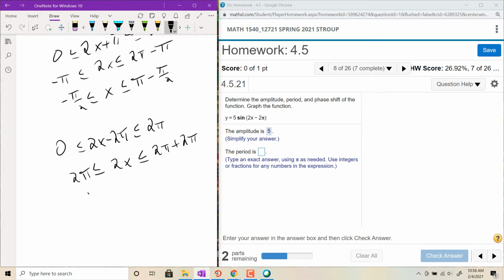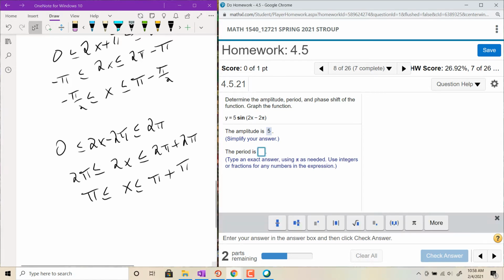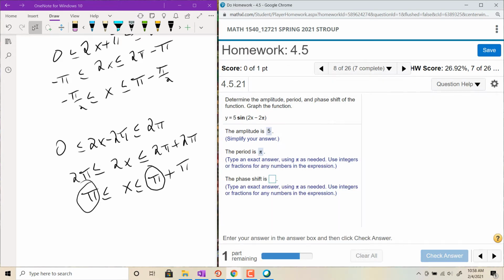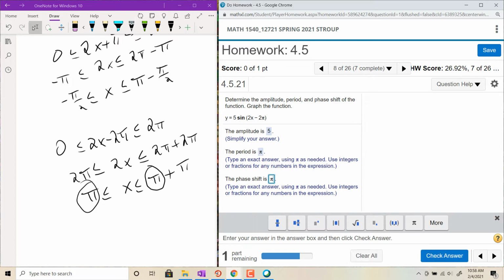Divide everything by 2, so the phase shift is pi. The period is pi. Okay. So again, this is your period, and then this is your phase shift. Okay, so period is pi. Phase shift is pi.